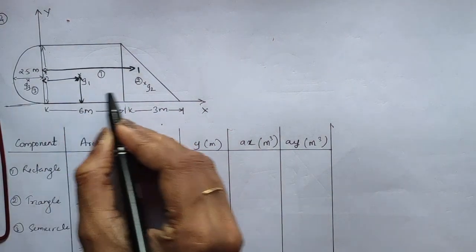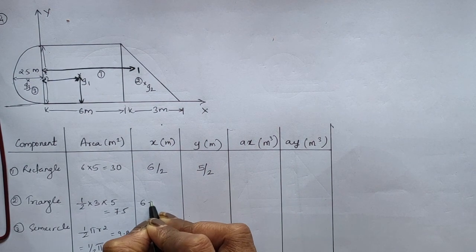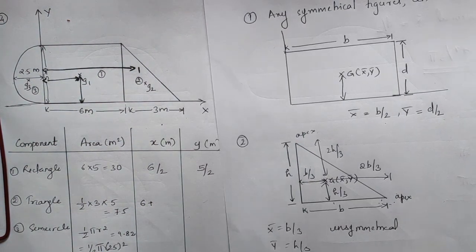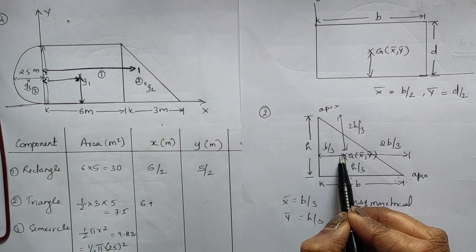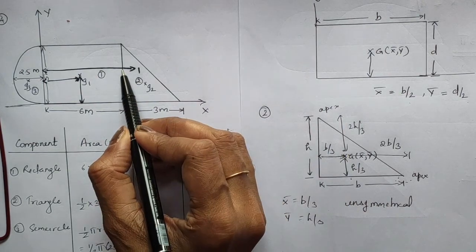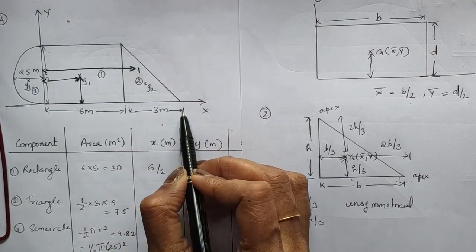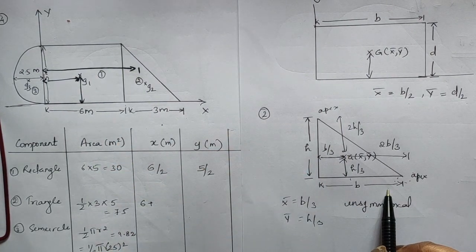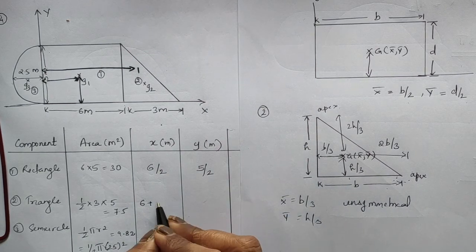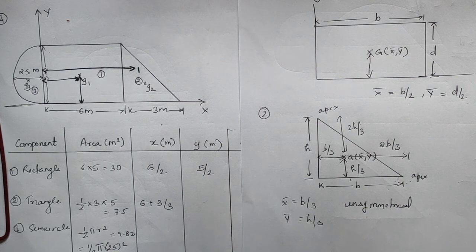So this distance will be 6 plus, and you already know for a right angle triangle this distance is b by 3, and b is 3 meter, so 3 by 3.